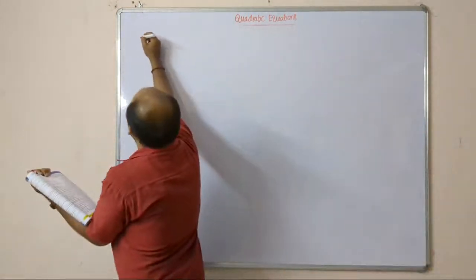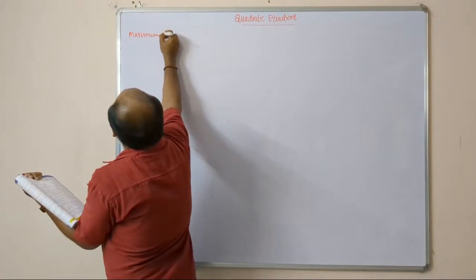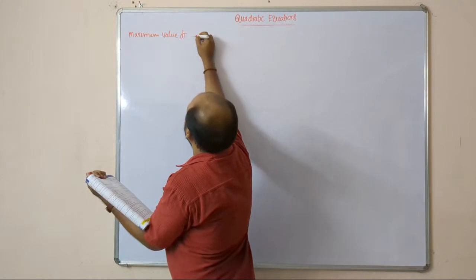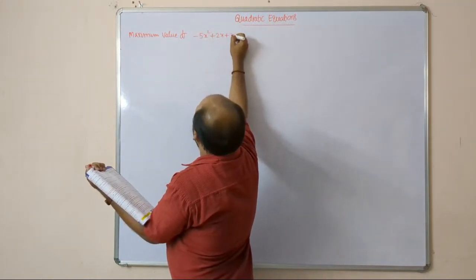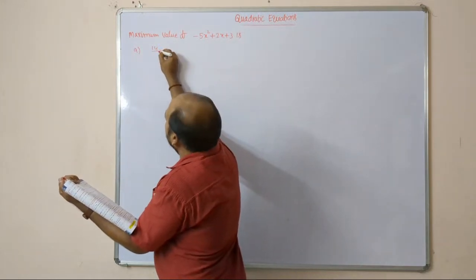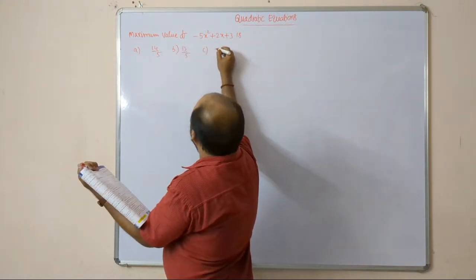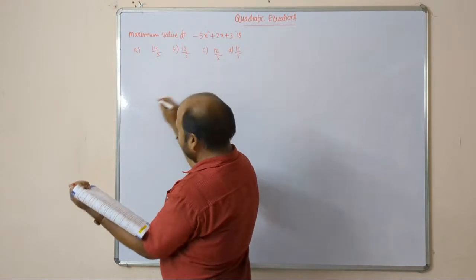See here. So the maximum value of the quadratic expression minus 5x square plus 2x plus 3 is, options: 14 by 5, 13 by 5, 12 by 5, 16 by 5.